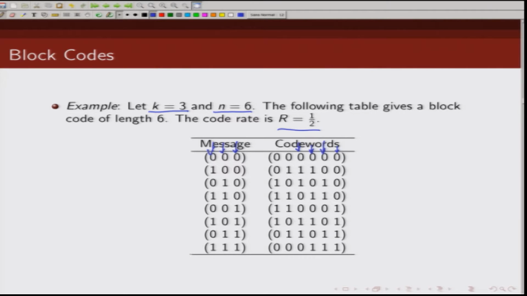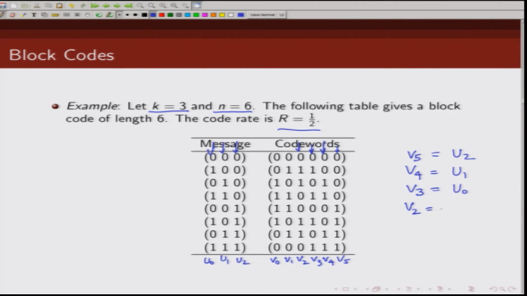So if we denote these by U0, U1, U2, and we denote these by V0, V1, V2, V3, V4 and V5, what we have found out so far is V5 is same as U2, V4 is same as U1, V3 is same as U0, and what is V2?